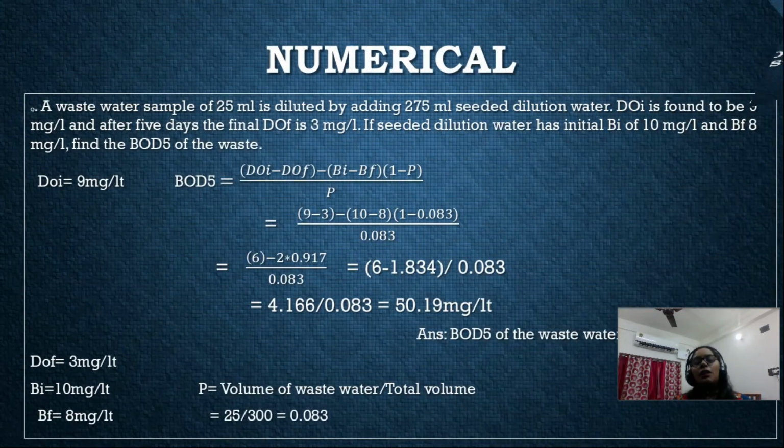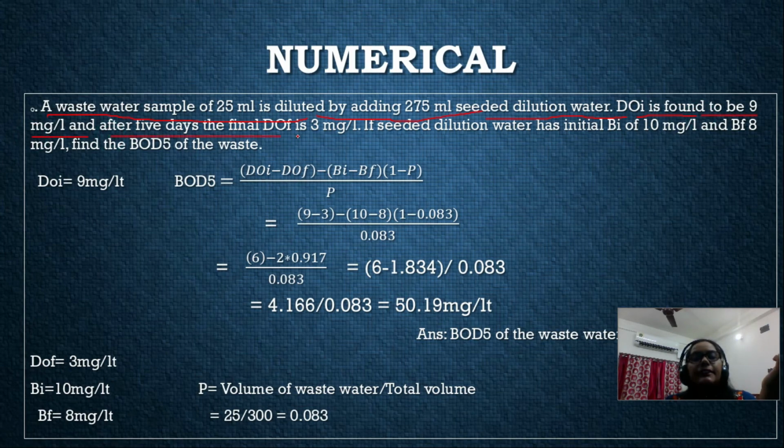Okay, now let's start the numerical. The question is: a wastewater sample of 25 ml is diluted by adding 275 ml of seeded dilution water. The initial DOI, that means the initial value of dissolved oxygen, is 9 milligram per liter.